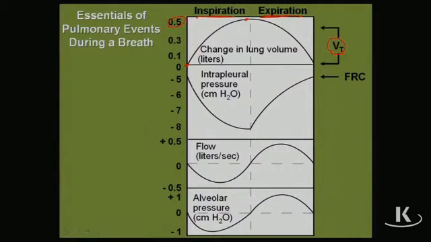What's happening to intrapleural pressure? At the beginning, intrapleural pressure, baseline mean pressure, is -5. At the end of inspiration, we said that the mean intrapleural pressure will go to about -8. So therefore, during inspiration, intrapleural pressure gets more negative, from -5 to -8.